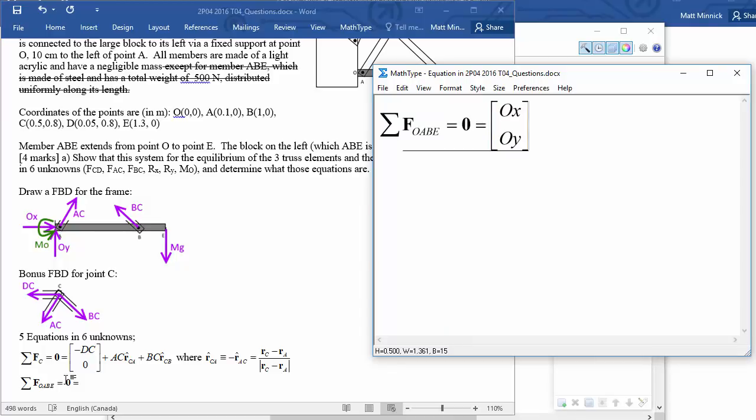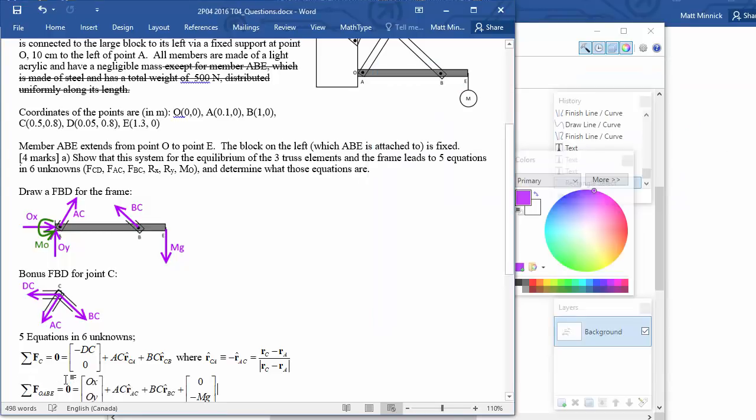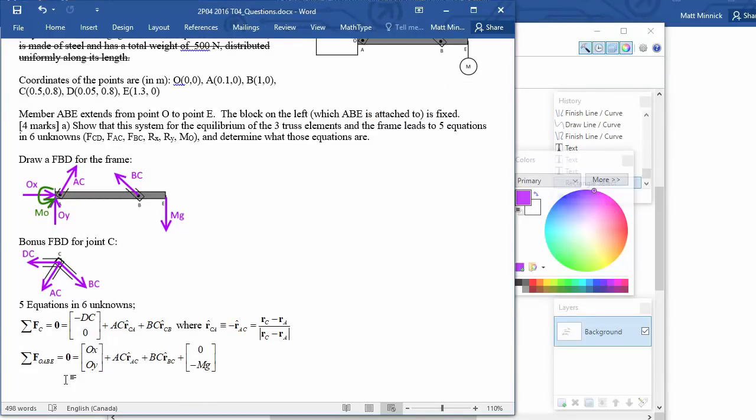Then we've got AC times R hat AC plus BC times R hat from B to C, and then negative mg in the vertical direction. Okay, so there's the vector equation for the force on OABE, and we just need the torque on OABE.